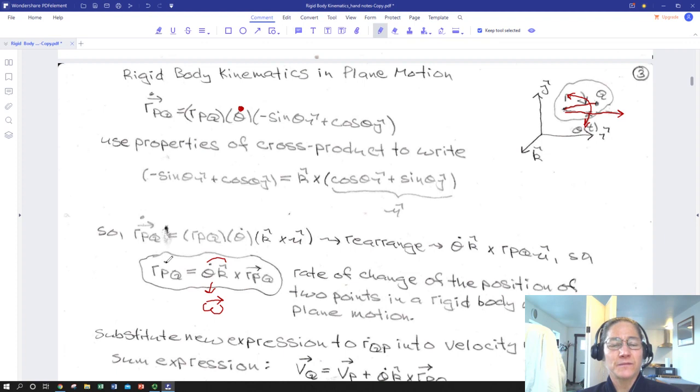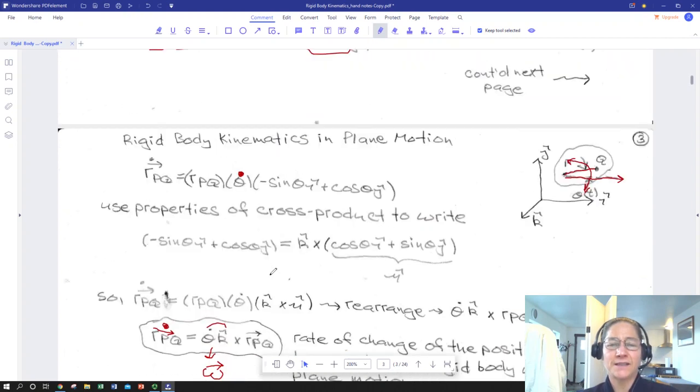So to make a long story really useful, we can define the first time derivative of our vector r PQ as the angular velocity of that rigid body, which is going to be in the k hat direction, or in the direction of the planar normal of the plane it's moving in, crossed into the original r PQ vector.